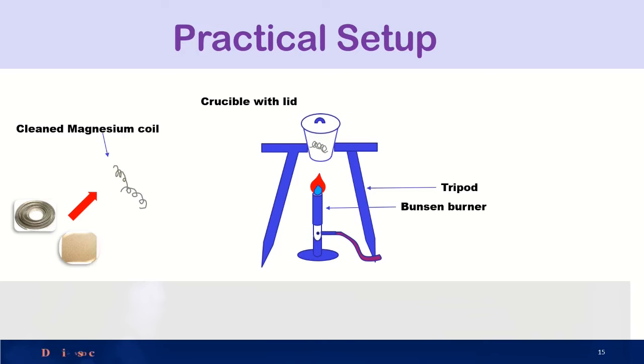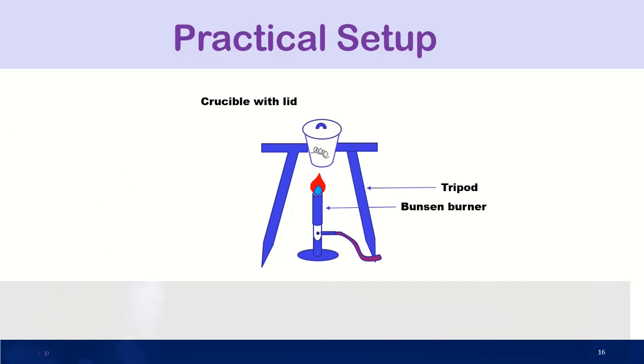While the crucible is on the Bunsen burner, do not open the lid while heating. It's very dangerous because of the highly intense heat and bright light. Then allow the crucible to cool to room temperature.